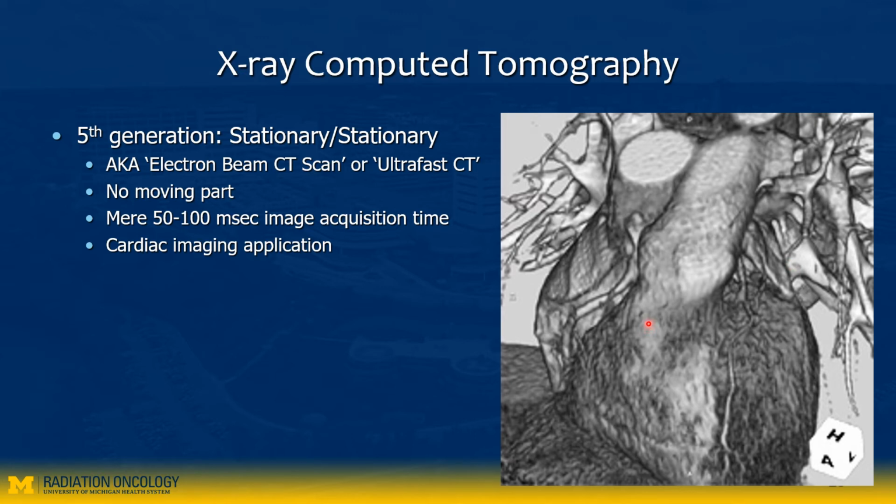In a typical CT scanner, the heart image can be blurred because the heart is pumping while you're acquiring the CT. But with this fifth generation, also known as electron beam CT or ultrafast CT, the acquisition time is less than a second. So it is typically used for cardiac imaging applications, and the field of view is also very small.